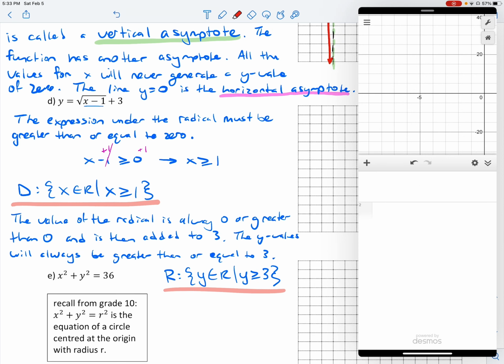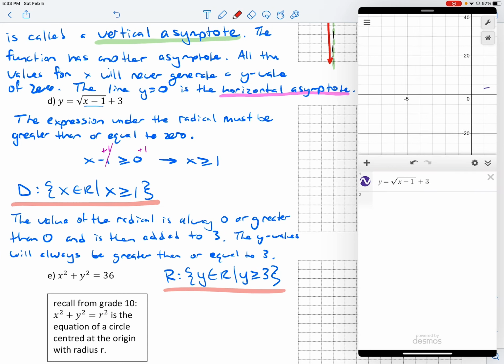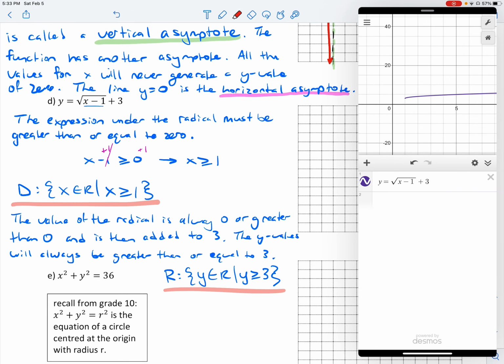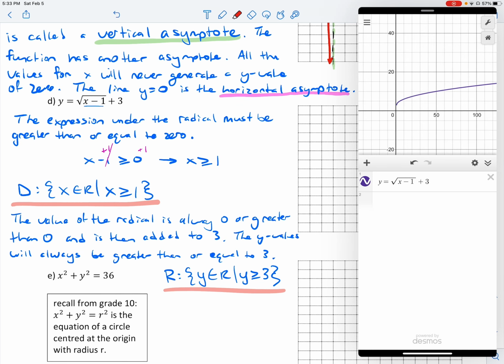I'm going to go ahead and enter in that equation. So y is equal to the square root of x minus 1, and then plus 3. Let's move this over and change the size of this a bit.